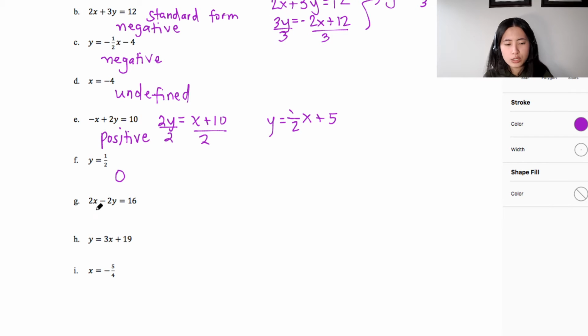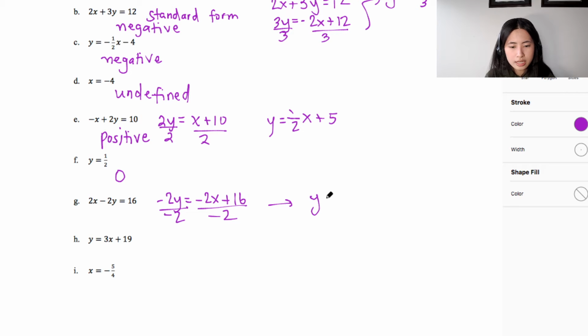Okay, let's proceed to 2x minus 2y is equal to 16. So if you have negative 2y, which is equal to negative 2x plus 16, dividing both sides by negative 2, you would get y is equal to positive x minus 8, because positive 16 divided by negative 2 is negative 8.